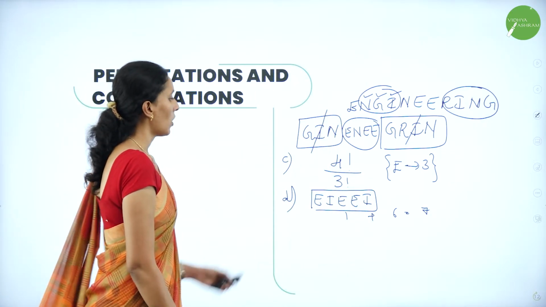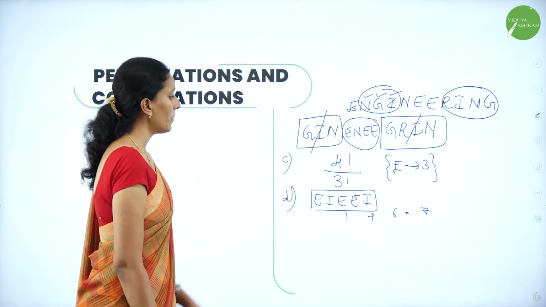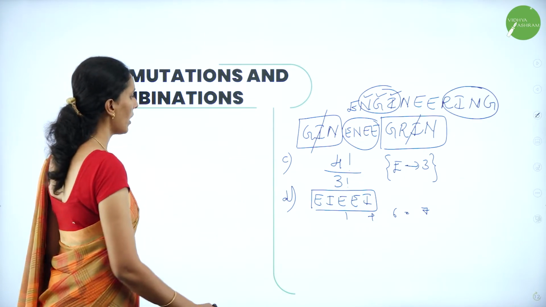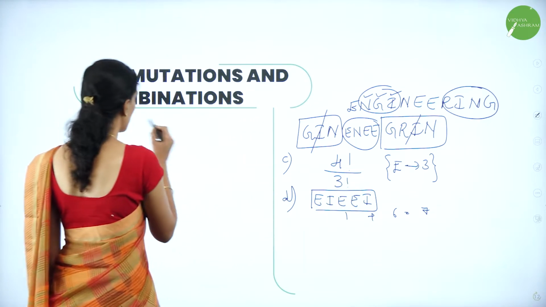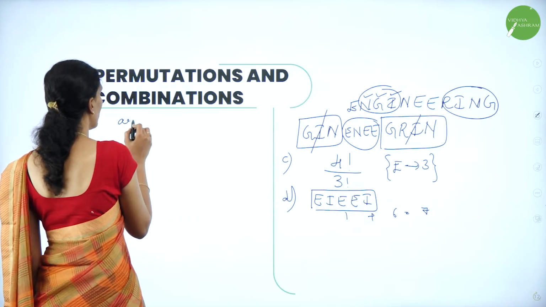But what about the permutations here? Now 5 letters, 5 letters of vowels. So that is the arrangement of vowels.